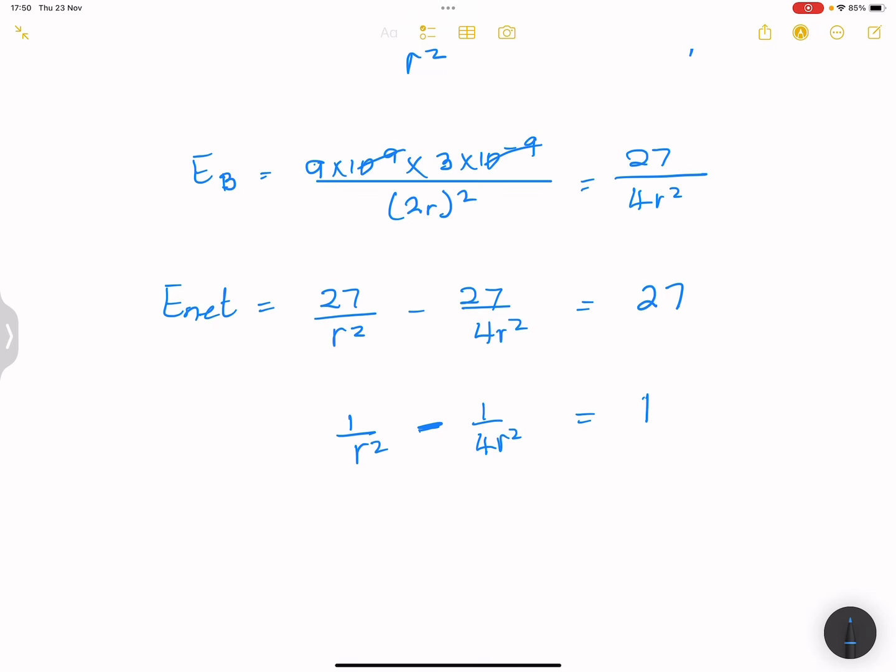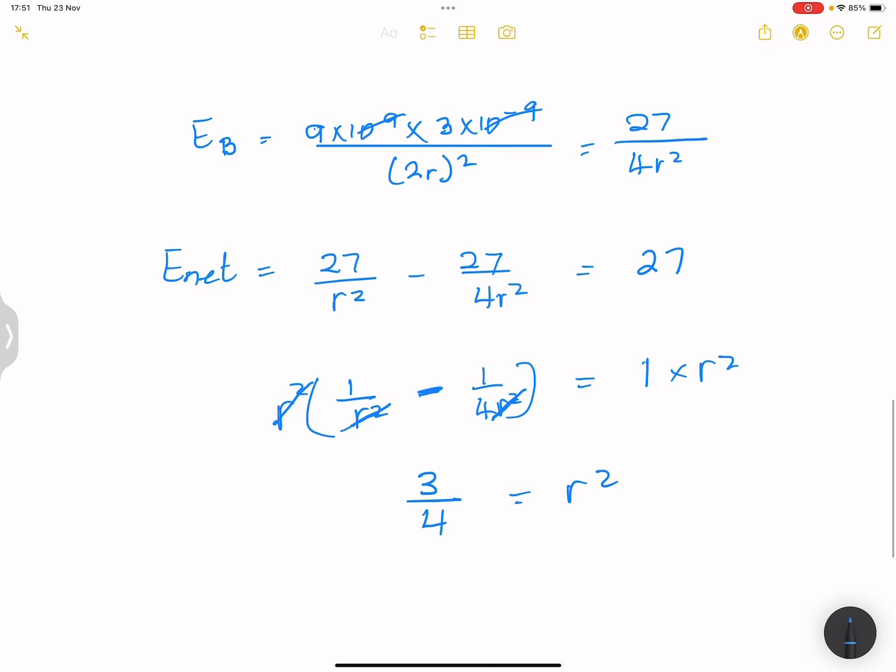In fact, what you can do is multiply everything by R squared, what I do on the left, I do on the right. So the R squared would cancel with this one and with that one. You end up with 1 minus 1 over 4, which gives you 3 over 4, which is equal to R squared.